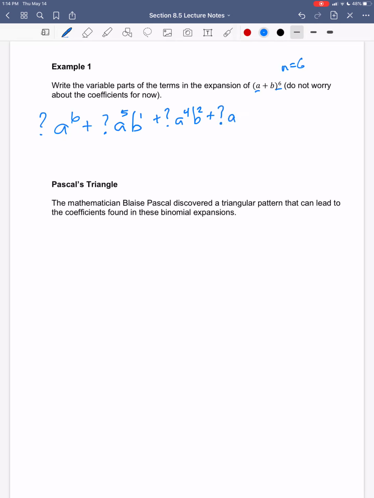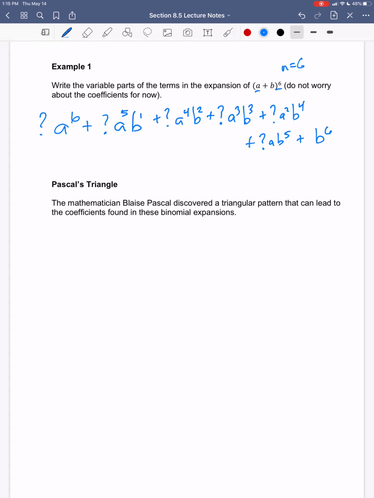A would go down 1, b would come up 1, 3 plus 3 is 6, and so on. So those would be the variables, at least, if I multiplied out a plus b to the 6th power. I don't know what the coefficients are, but I know what the variables look like.